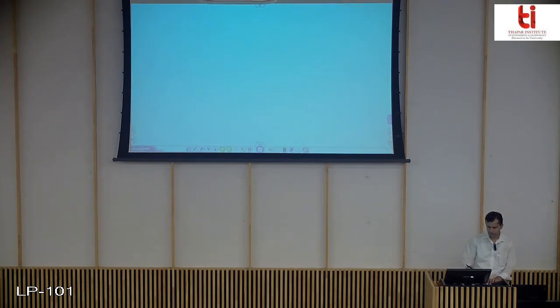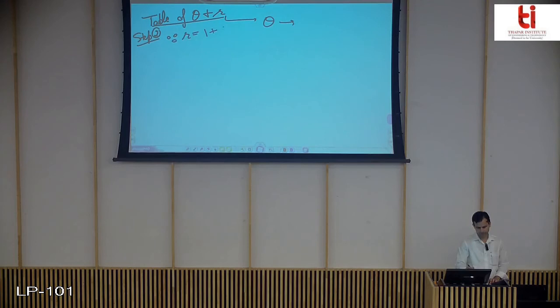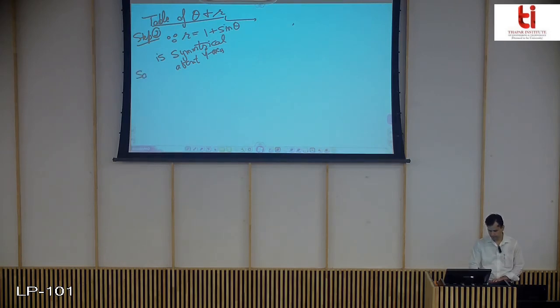Now, the table of theta and r. This is your step 2. Since r equals 1 plus sine theta is symmetrical about the y-axis, the range of theta will be taken from minus pi by 2 to pi by 2.